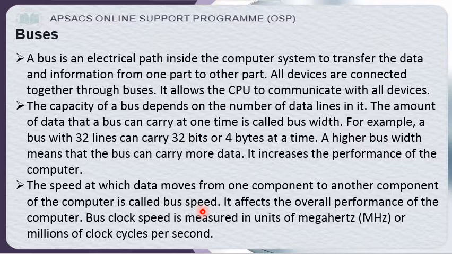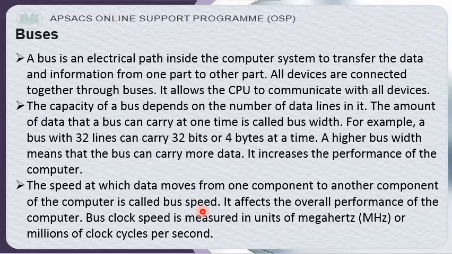The speed at which the data moves from one component to another on these 32-bit or 64-bit lines is known as bus speed. If the bus speed is faster, the performance of your computer will also be faster.